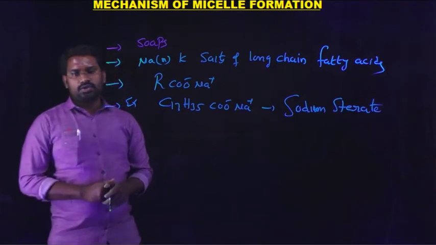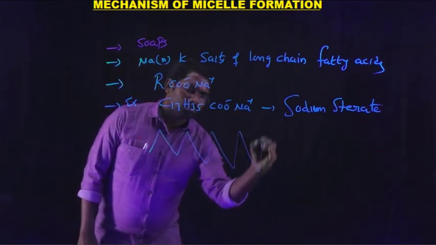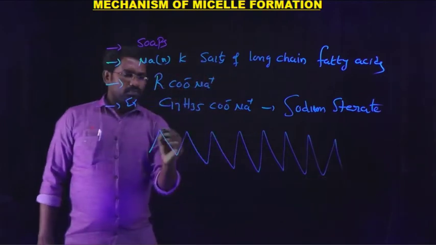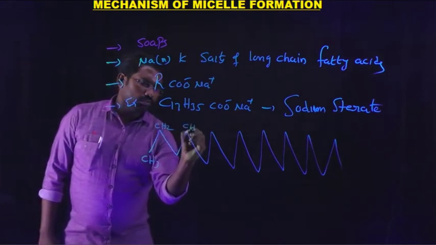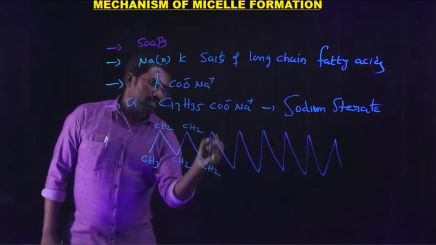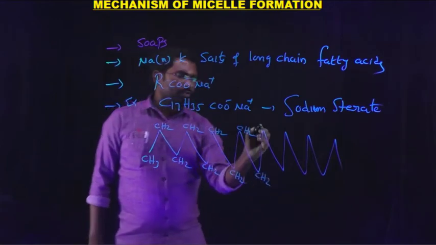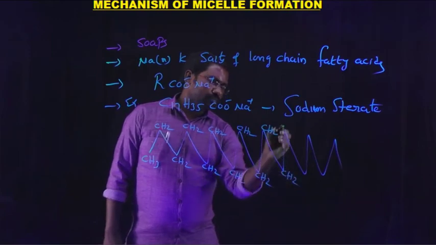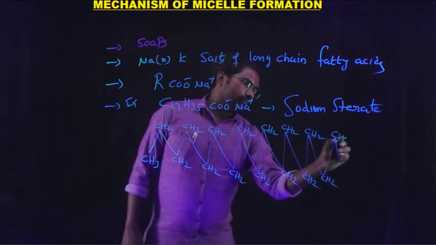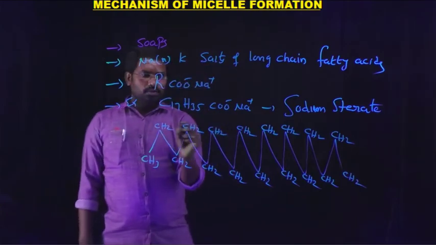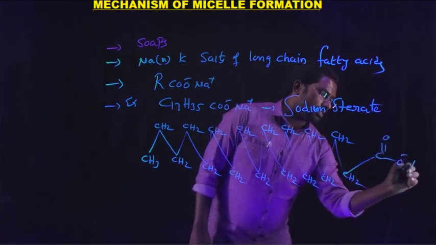Sodium stearate formula, C17H35COO minus. It can be represented like this: CH3, then CH2, CH2, CH2 and again CH2, CH2, CH2, CH2, CH2, with carbon valence existing as 4, and more CH2 groups.